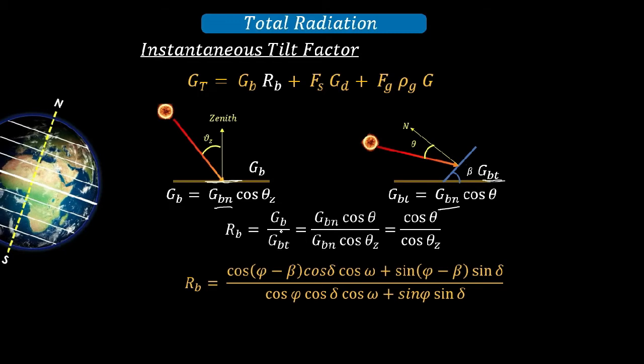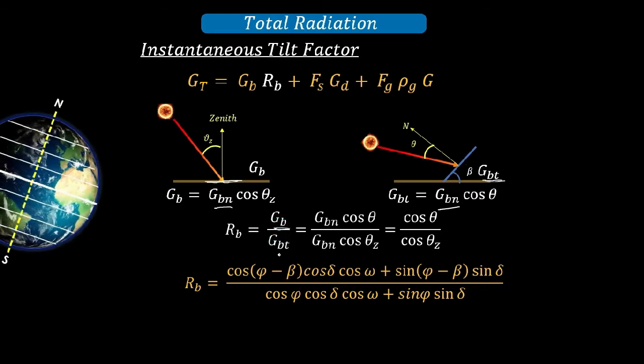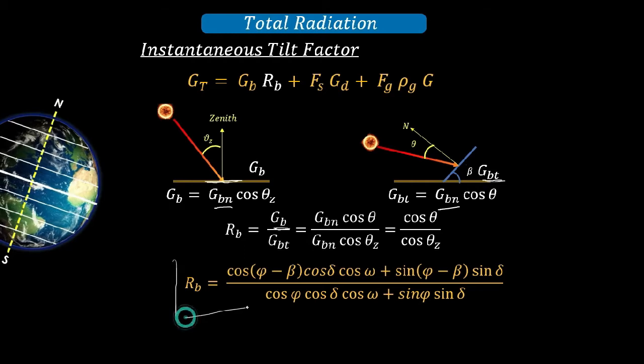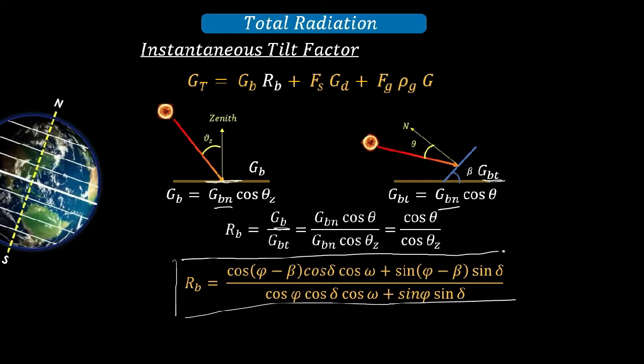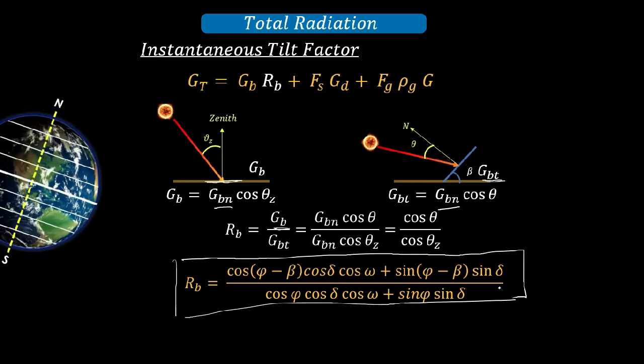Now RB is going to be calculated by using the beam on the tilted plate upon the beam on the horizontal. With this expression we can calculate the instantaneous tilt factor of the tilted plate.